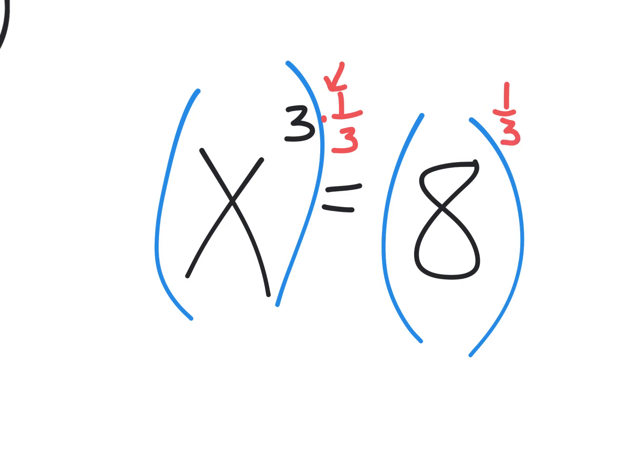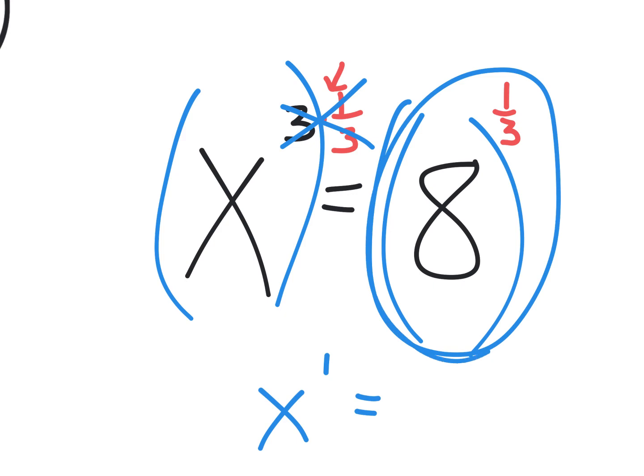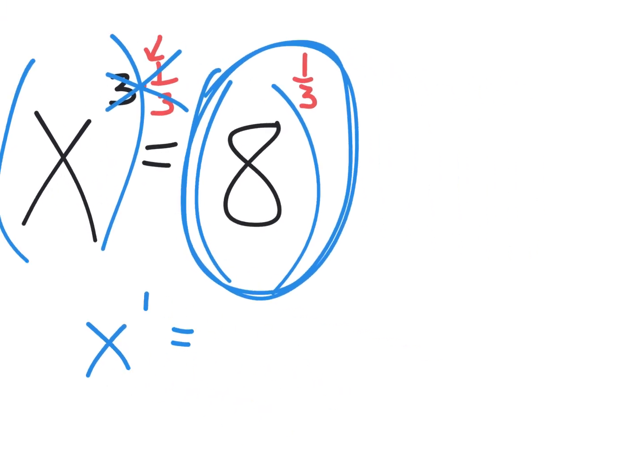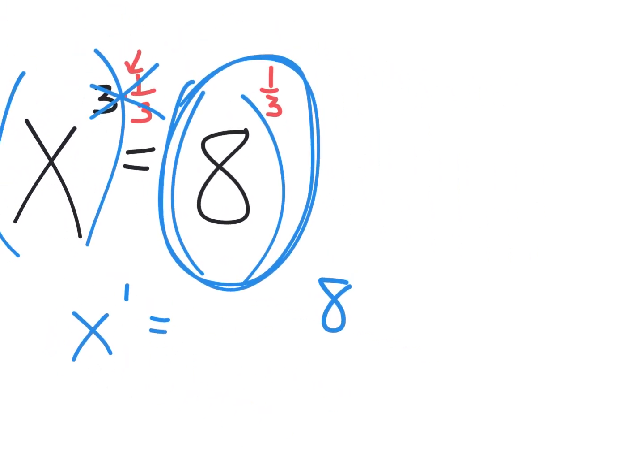You may never have heard of it before, but that doesn't mean your calculator doesn't know. 3 cancels 1/3, and x is just x. It could be x to the 1. It's the same thing as x. 8 to the 1/3 power would be your answer. Would you know how to put that in on a calculator? You'd go 8 to the, that's the caret key on a calculator, or it's on your iPad.